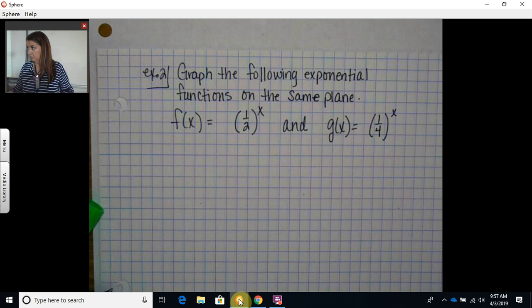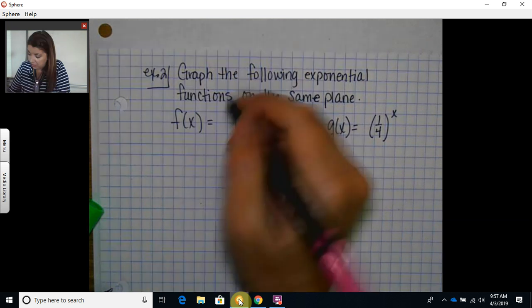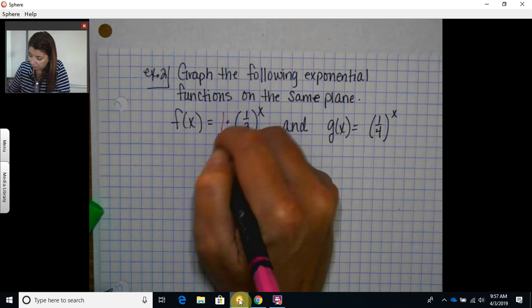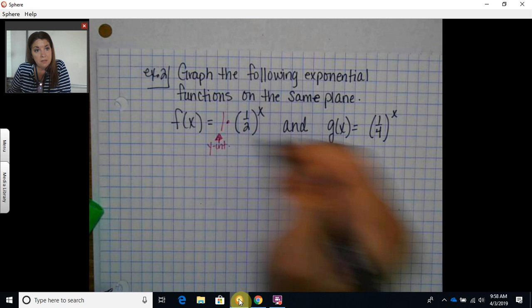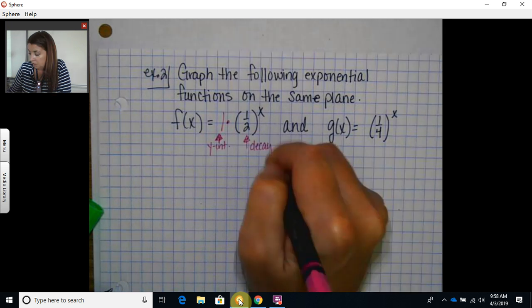For function f, what's the y-intercept? 1, right? So it's your a. And is function f a growth or a decay? A decay. And why is it a decay? B is less than what? 1. B is less than 1.